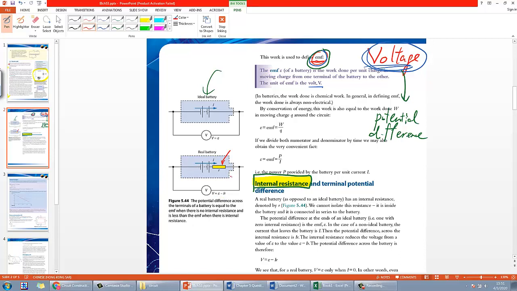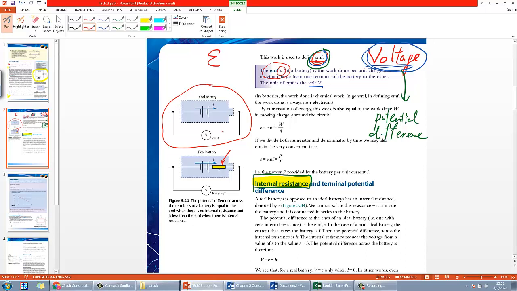If you try to measure the voltage outside of the battery, then it will not be exactly equal to EMF. By the way, the EMF symbol is this one. I can draw it here. This is called epsilon. So this is a picture of the battery when there's no internal resistance.